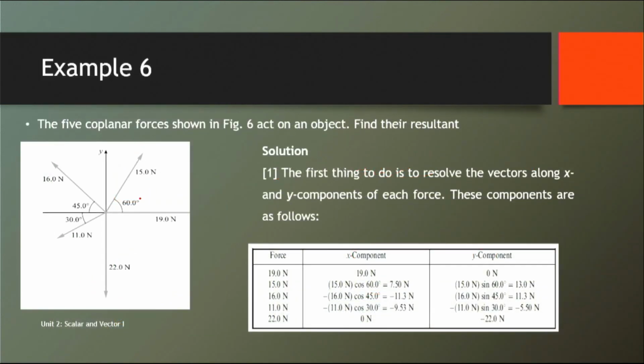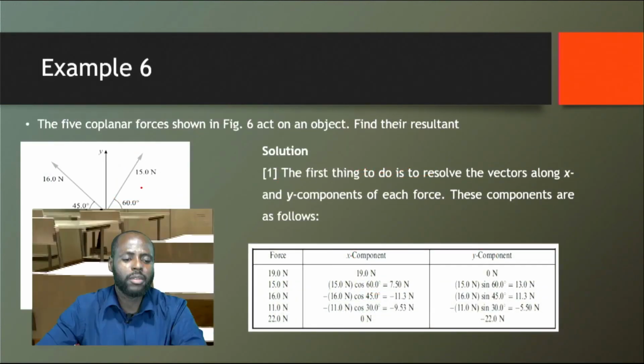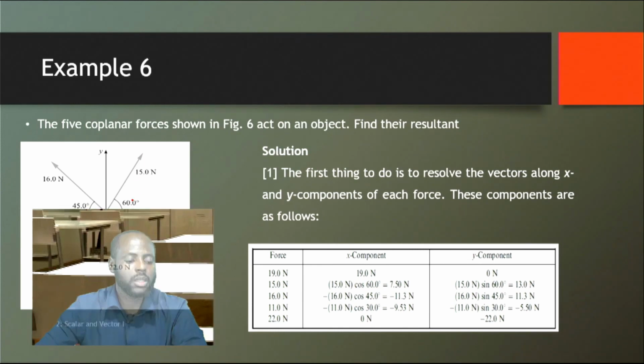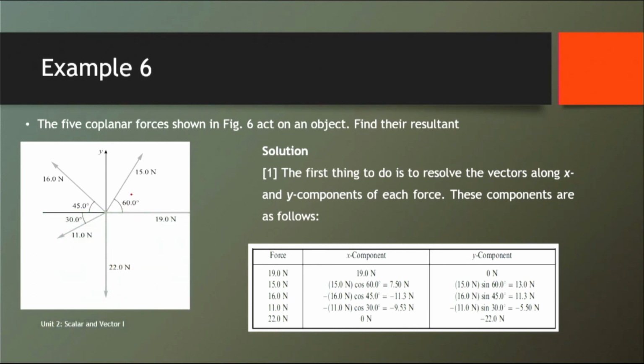Let's solve another example and apply what we have learned so far. The question says there are 5 coplanar forces, shown here in this figure, and they are all acting on an object. The task before us is to find the resultant vector. So Step 1, we need to resolve the vectors into x component and y component.